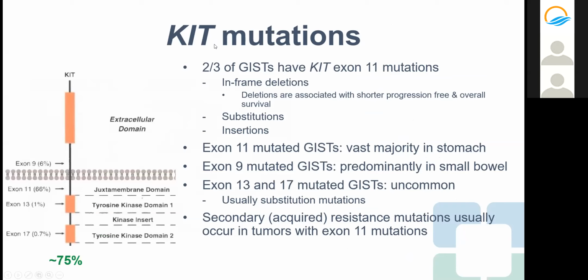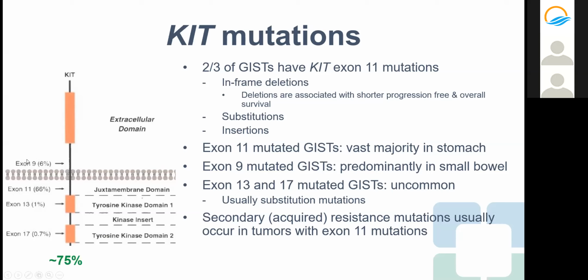We'll start with the most common mutation, which are KIT mutations. Approximately 75% of all GISTs harbor a KIT mutation. Both KIT and PDGFR genes each contain 21 exons. However, mutations cluster in different exons within each of these genes. So in the schematic on the left here, we've highlighted for you the exons that are most frequently mutated in KIT mutated GISTs.